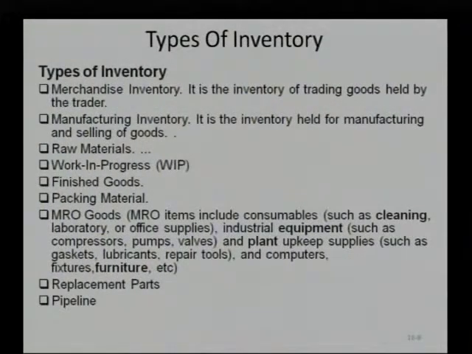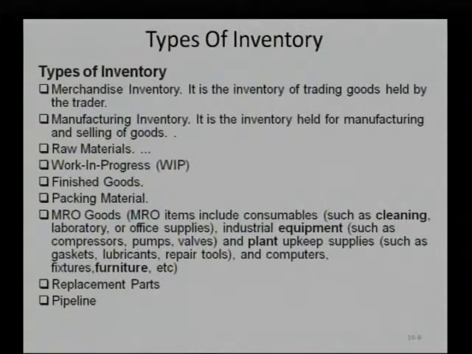These are the types of inventory. Merchandise inventory, that is trading goods held by the trader. For the manufacturing industry: raw material, work in progress, finished goods, packing material, MRO goods. MRO goods include consumables, that is cleaning and office supplies, plant upkeep supplies, replacement parts, pipeline. It is also essential.